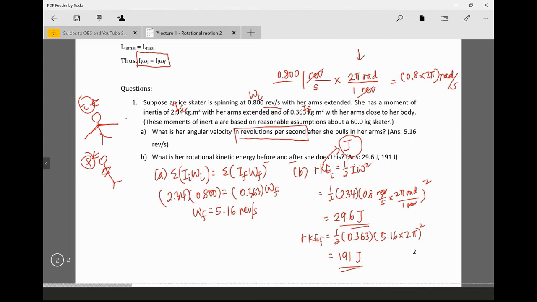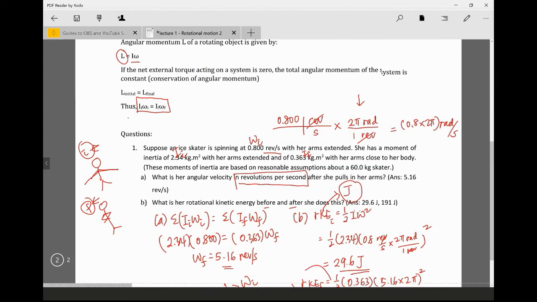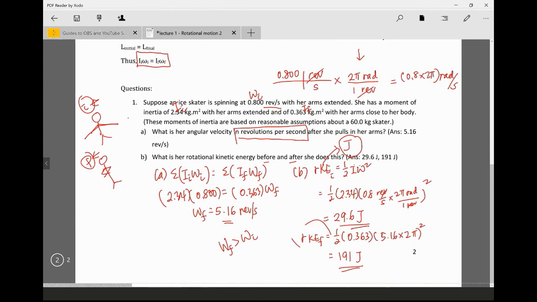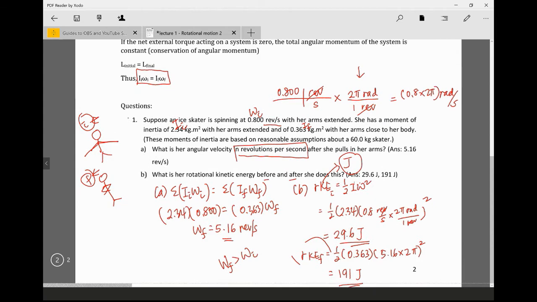The final angular velocity is much faster than your initial angular velocity. That's why your final rotational kinetic energy is greater, because it is rotating faster. Any questions about the notes? If not, we will proceed to our tutorial workshop now.